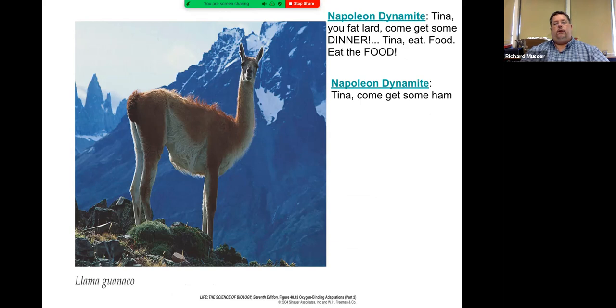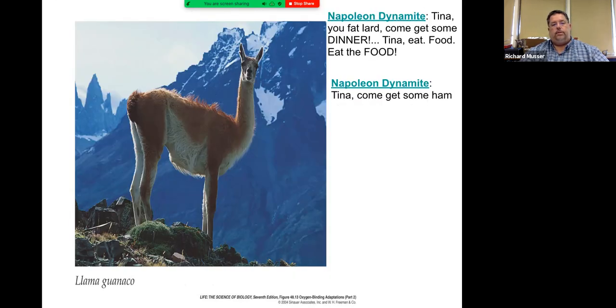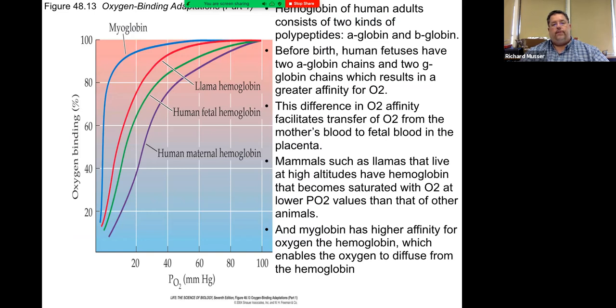Here's your Napoleon Dynamite quote. So one of the things you should do is go watch the movie if you haven't seen it, but you can tell it's a little bit dated now. So here's our llama, and as you can see, it has the greatest affinity for oxygen, their hemoglobin.